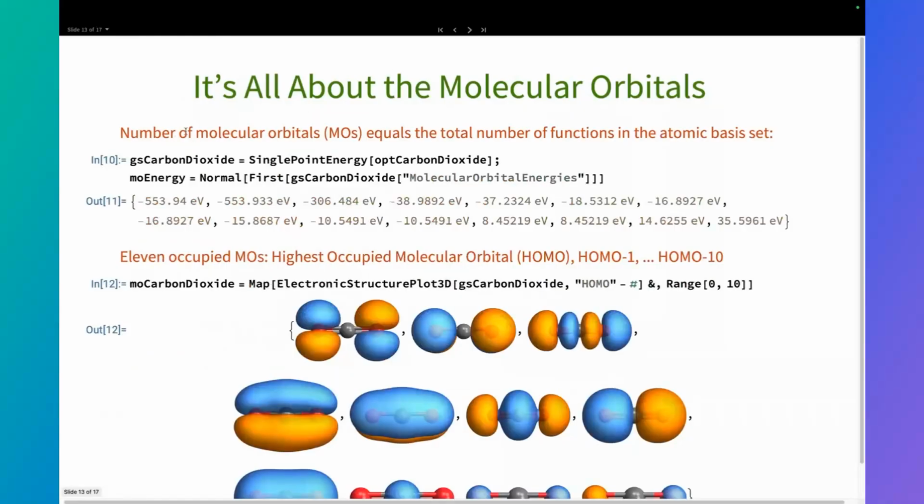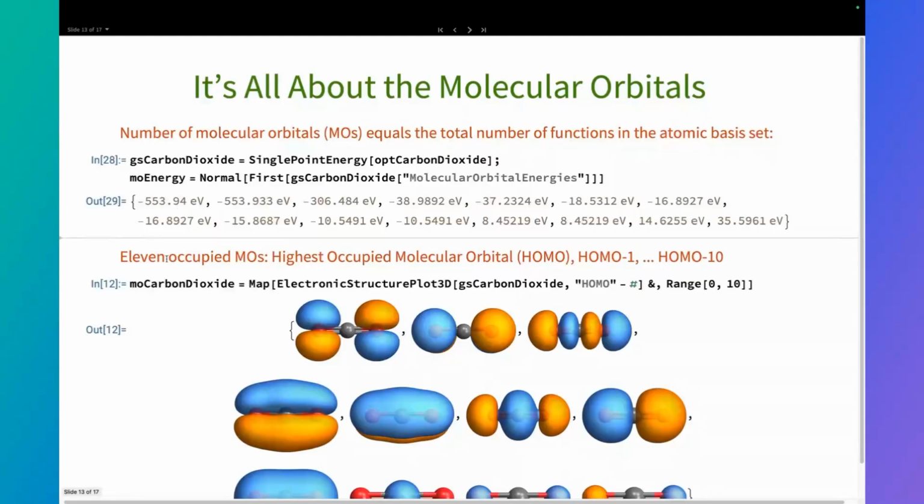And so the number of molecular orbitals equals the total number of functions in the atomic orbital basis set. So when we run this, we can see that we get 1, 2, 3, 4, 8, 9, 10, 11, 12, 13, 14, 15, 16. So we have 16 basis functions, so we have 16 resulting orbitals. Well, we don't need all of those because remember, we had 22 electrons and 2 electrons can live in an orbital.